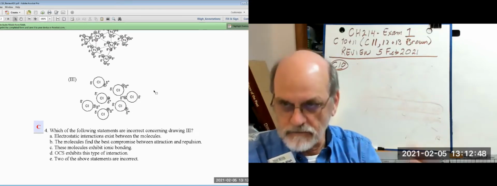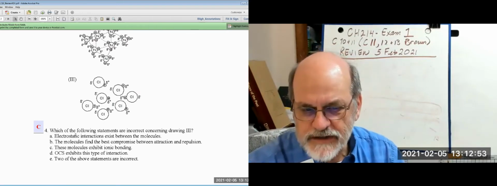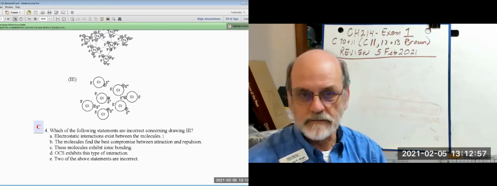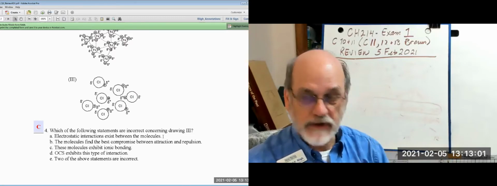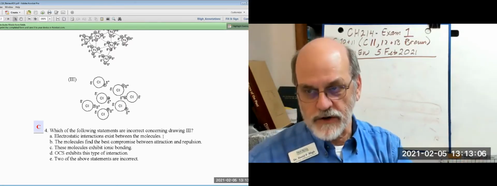So now let's look at the statements and see which one's false. Electrostatic interactions exist between the molecules. Is that true? Electrostatic interactions don't necessarily require that you have a complete charge separation.